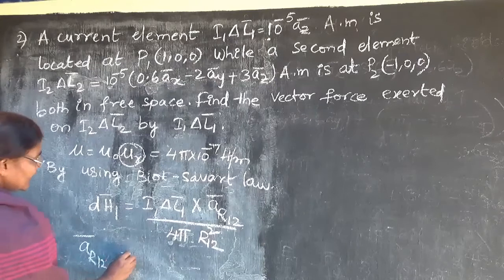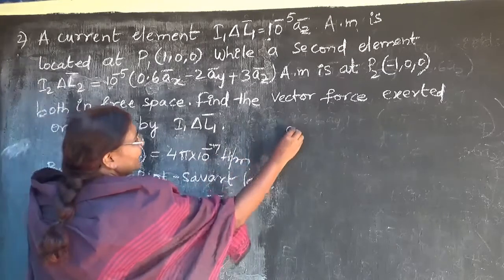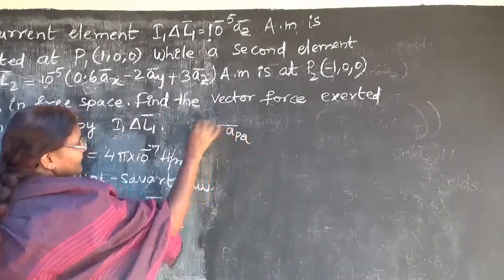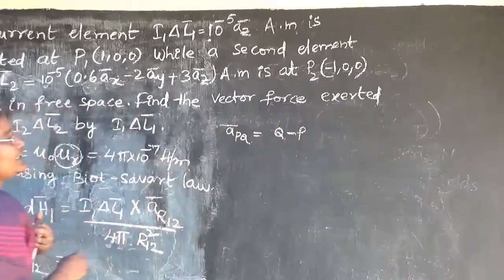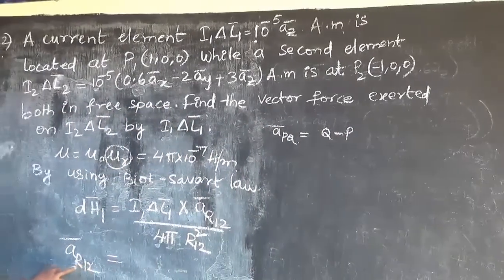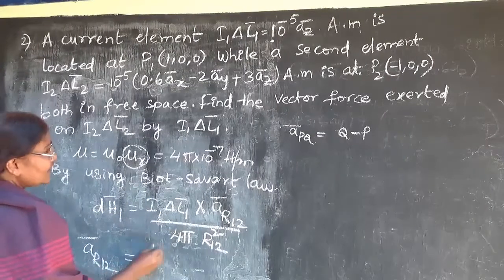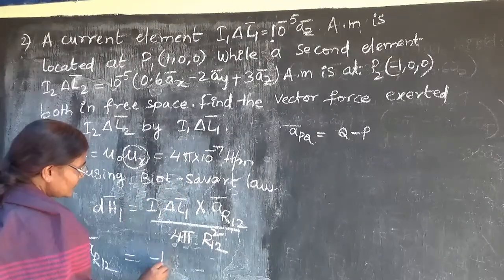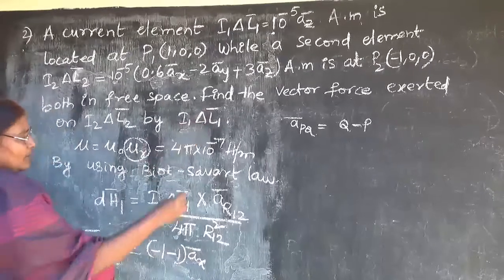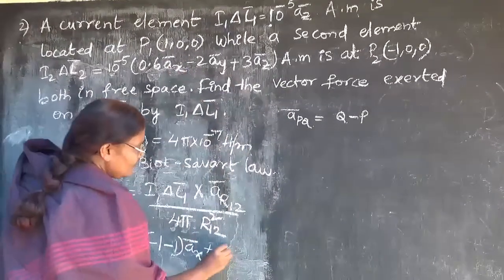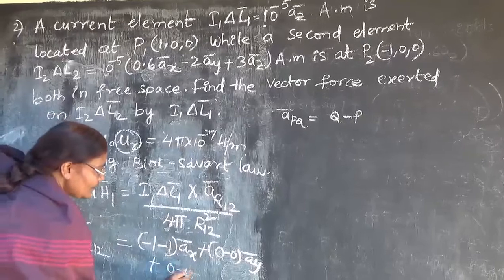AR12 బార్ అంటే అర్థం ఏంటి, 2 minus 1 అంతే కదా. ఏమని చెప్పాను నేను, సపోజ్ APQ బార్ దీని యూనిట్ వెక్టర్ కనుక్కోవాలంటే ఫస్ట్ Q కాంపోనెంట్ తర్వాత మైనస్ P కాంపోనెంట్ చేయాలని చెప్పాను. సో ఇన్ ద సేమ్ వే, 2 సెకండ్ కోఆర్డినేట్స్ నుంచి ఫస్ట్ కోఆర్డినేట్స్ తీసేయాలి. సో ఈ సబ్ట్రాక్షన్ విల్ గివ్ -1 AX bar plus 0 minus 0 AY bar plus 0 minus 0 AZ bar.